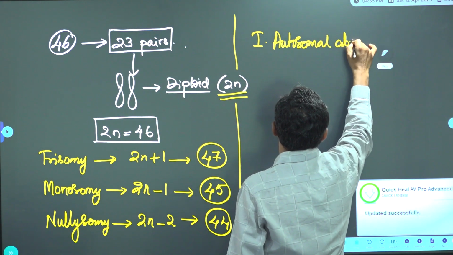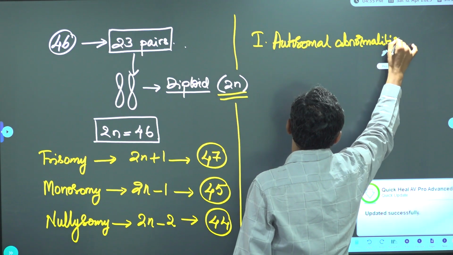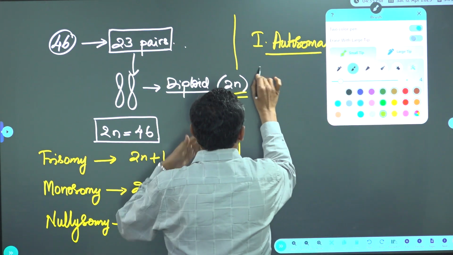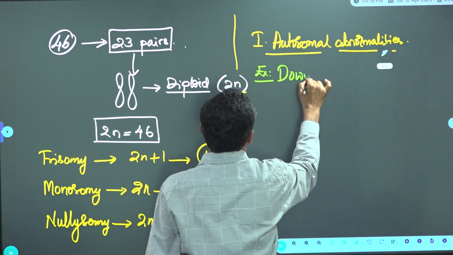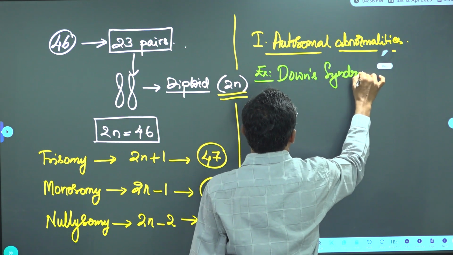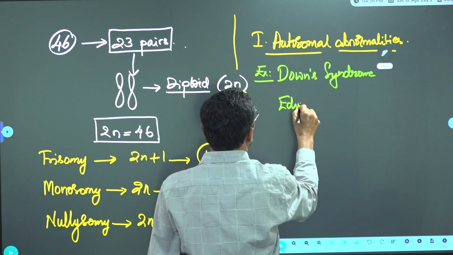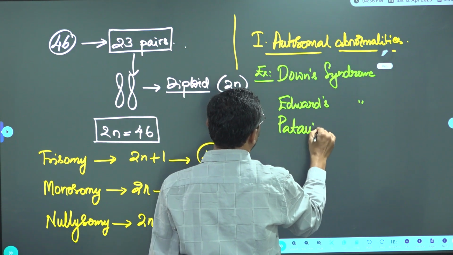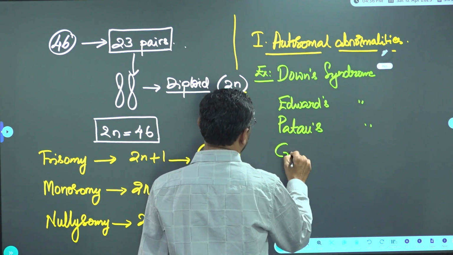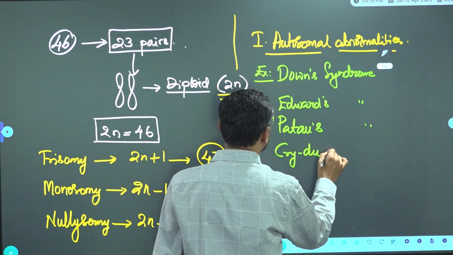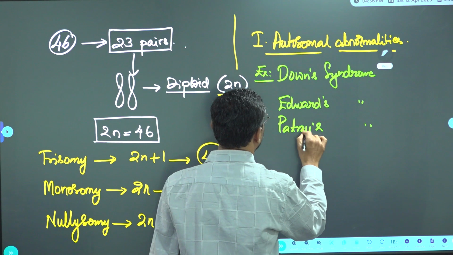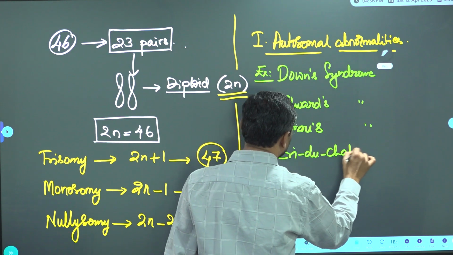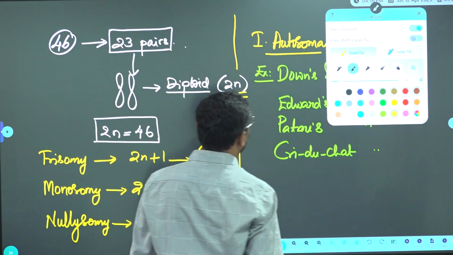Examples are Down's syndrome, Edwards syndrome, Patau's syndrome, and Cri-du-chat syndrome. These are autosomal abnormalities.